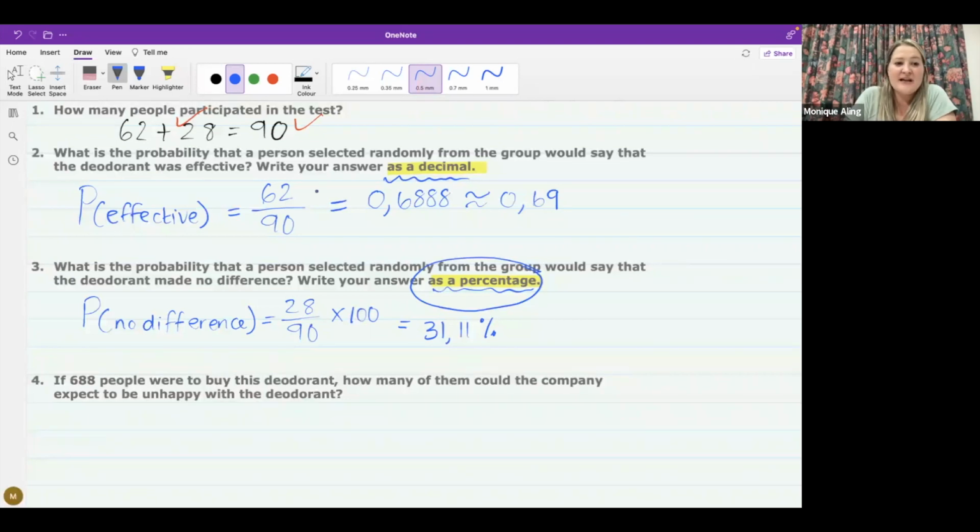Based on all our working out, we know the percentage of unhappy people is 31.11%. So what am I going to do with that percentage and the number of people to see how many people could be expected to be unhappy? Any takers?